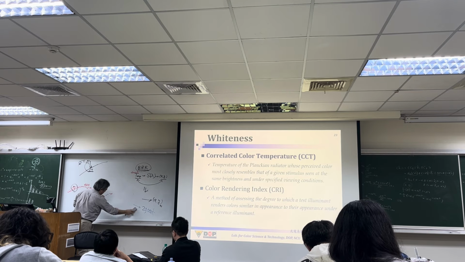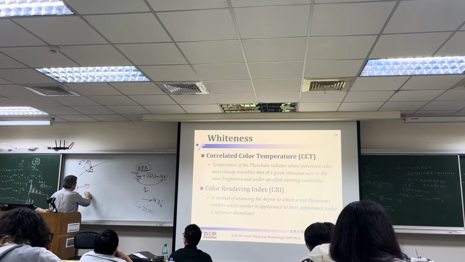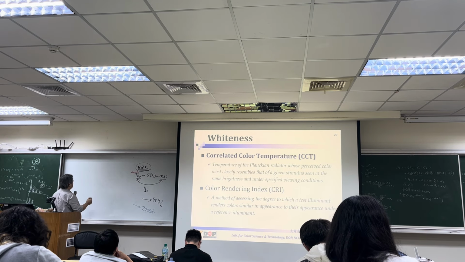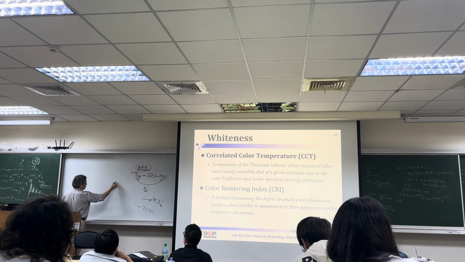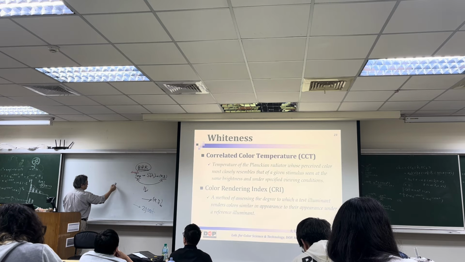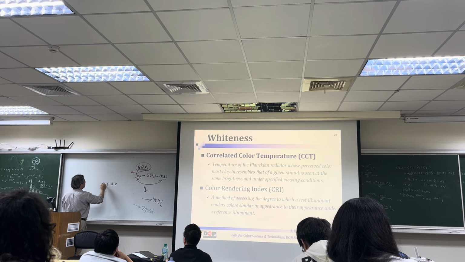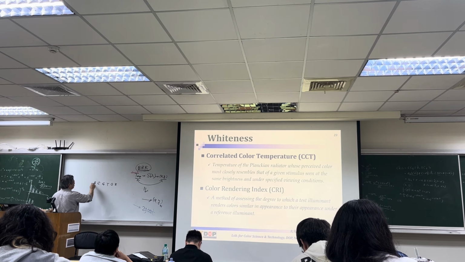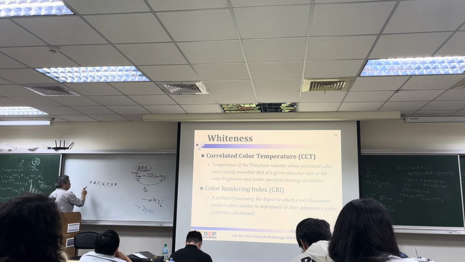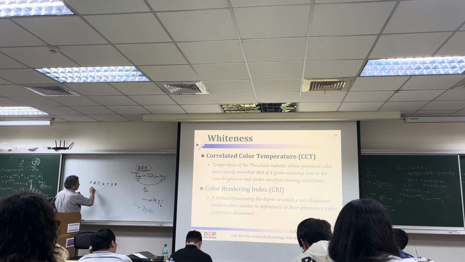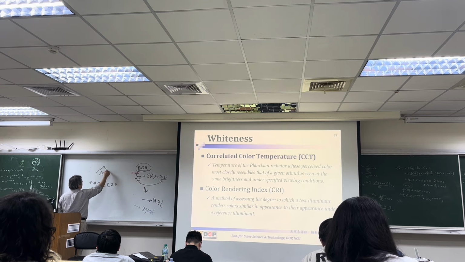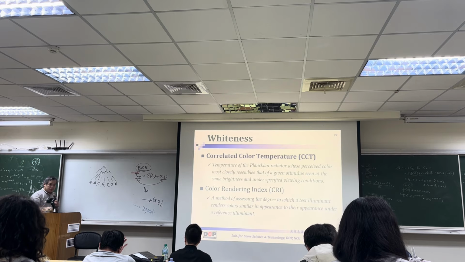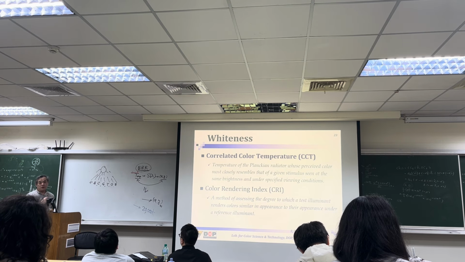So we want to have a good light source such that if we have many kinds of objects, for example, red, orange, yellow, green, cyan, blue, purple, and many different colors between them, and a light source shining on these objects, can we recreate exactly the color it is or not?